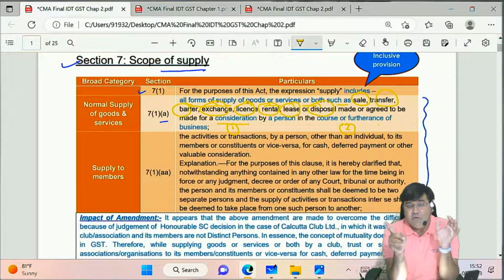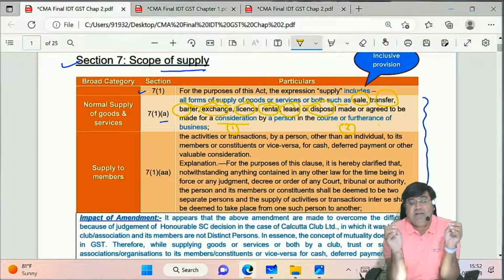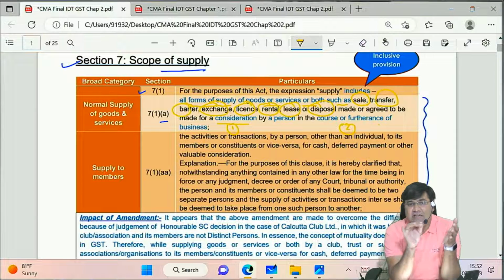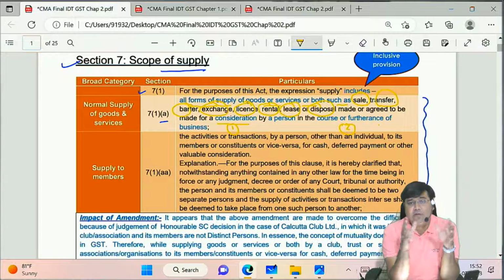Remember GST is on goods or services or both. Correct? GST is on goods and services. So whether that transaction involves goods or services or both? The answer is yes. Then you are going to see what is the type of transaction, what is the nature of transaction, whether it is sell, transfer, barter, exchange, license, rental, lease or disposal.